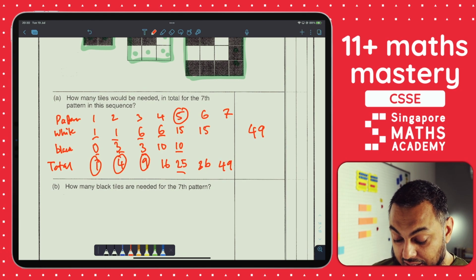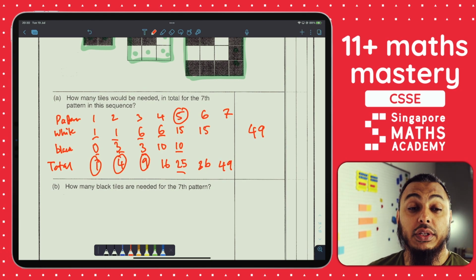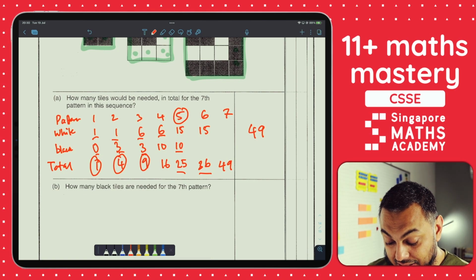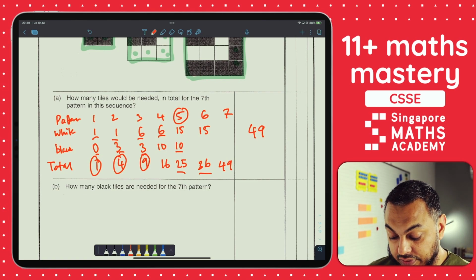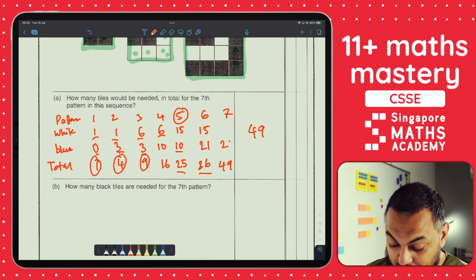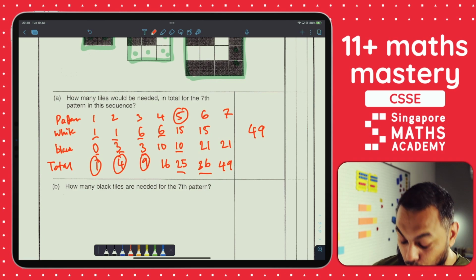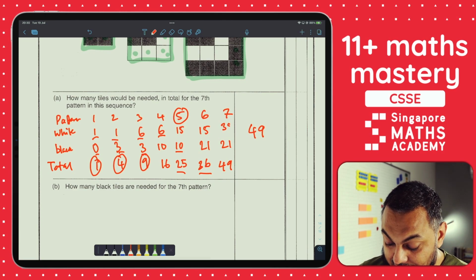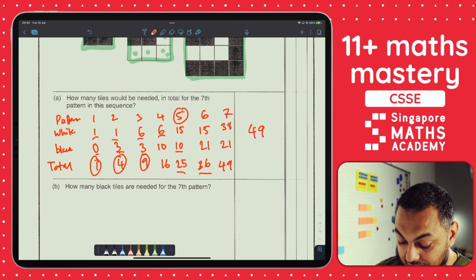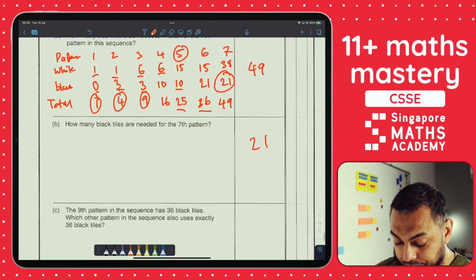If that's 15 and that's the 6th one, and you know the 6th one is going to be a total of 6 squared, which is 36. So 36 take away 15 is 21. If that's 21, then you know this is going to be 21, for example. If that's 21, then 49 take away 21 is going to be 28 here. So it says how many black tiles are in the 7th pattern? 7th pattern black tiles, there's 21 black tiles.